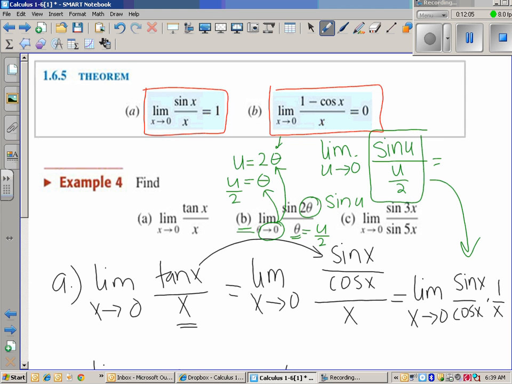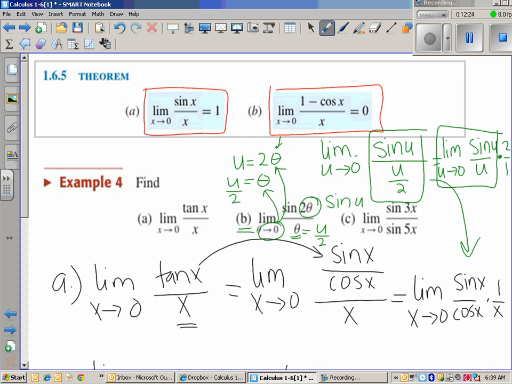And it turns out that what I end up with is sine u over u times 2 over 1. And look at this, magic. Oh, be impressed. Not, just kidding.